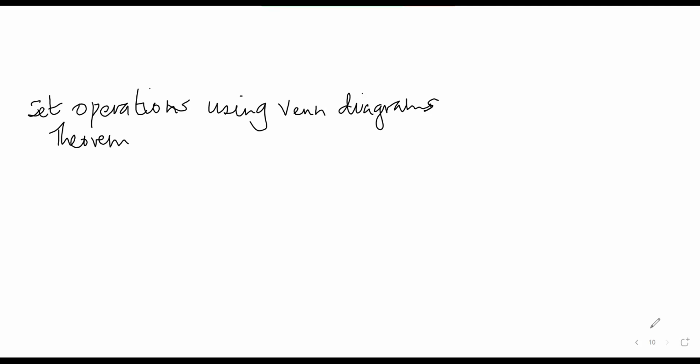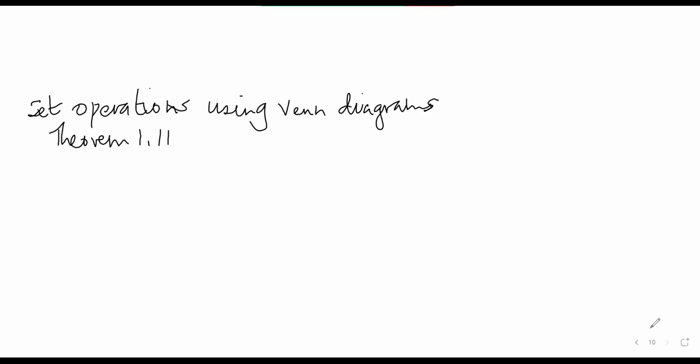So we can state a theorem. It comes early because we just want to see how Venn diagrams make it simpler than going through the process of proving. It's better you use the Venn diagram.